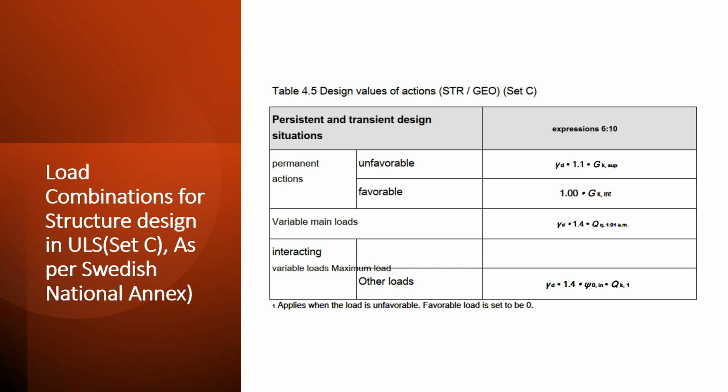Whenever I design my project for Sweden, I use these coefficient values. If you see my previous slide, there was a coefficient value of 1.3 or something like that. But there is a clear value of 1.4 I have to use. So that is a clear guideline for the Swedish project that I have to use 1.4, right?